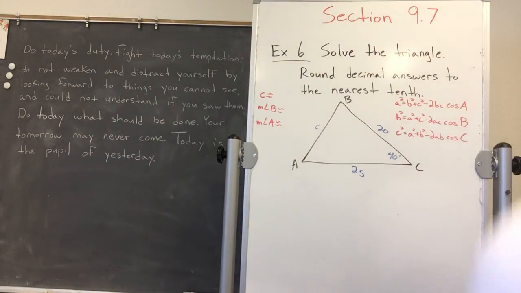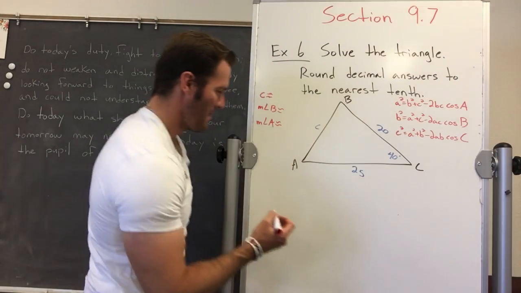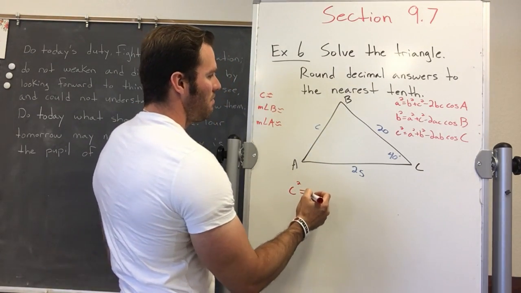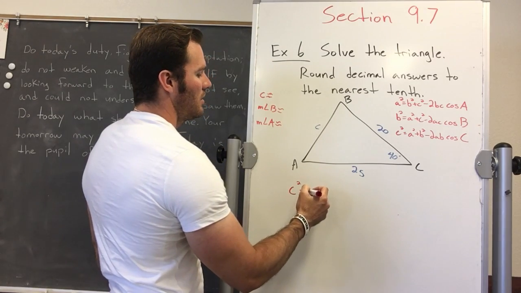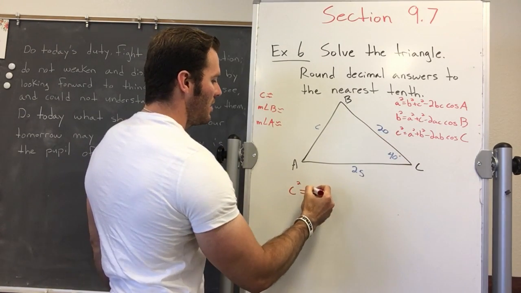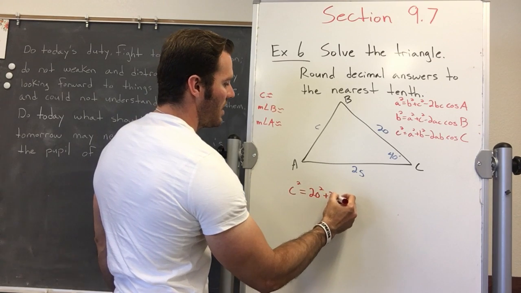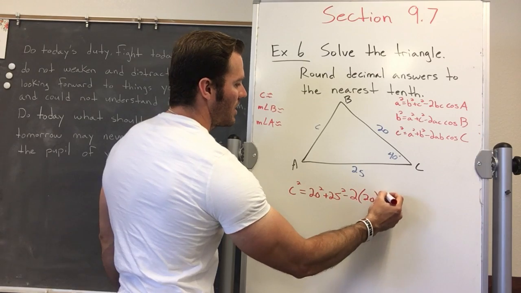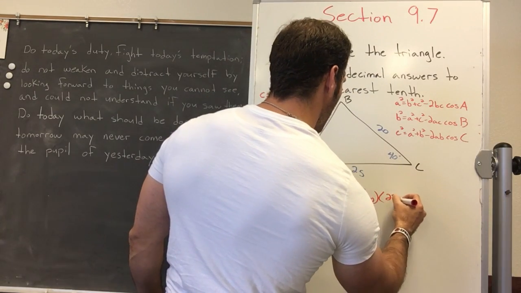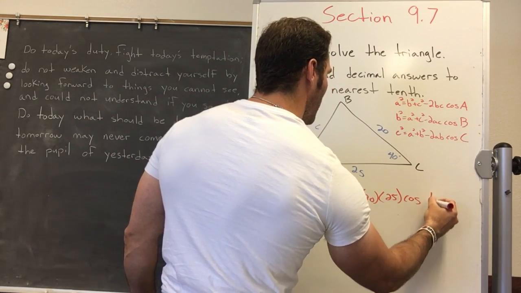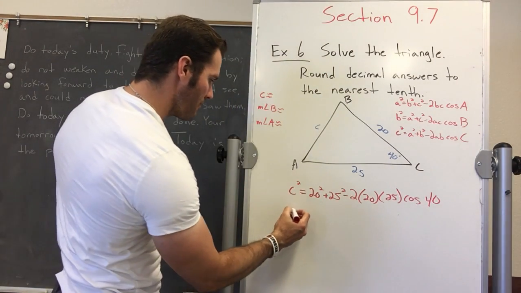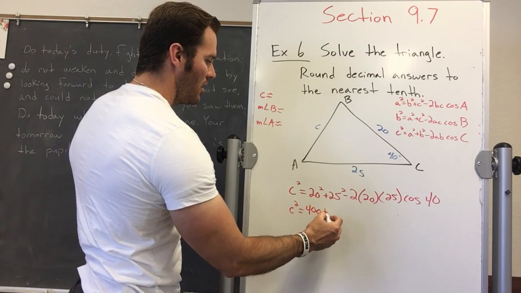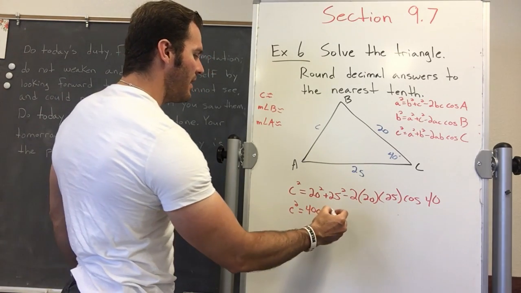And let's do that. Lowercase c squared equals lowercase a, so 20 squared plus 25 squared minus 2 times lowercase a times lowercase b cosine 40. Okay. 20 squared is 400. 25 squared is 625.